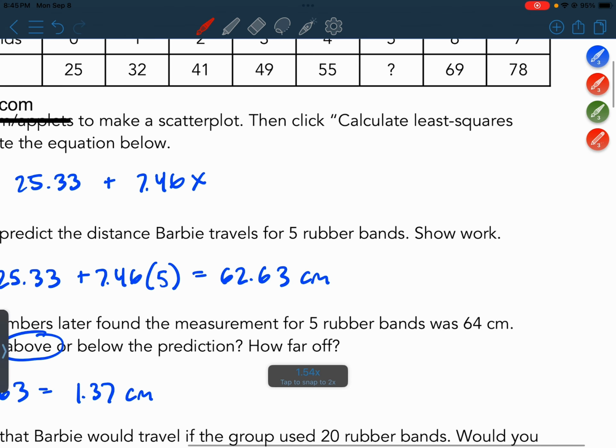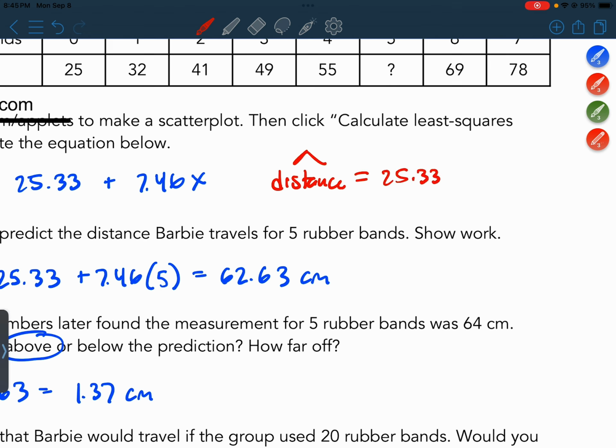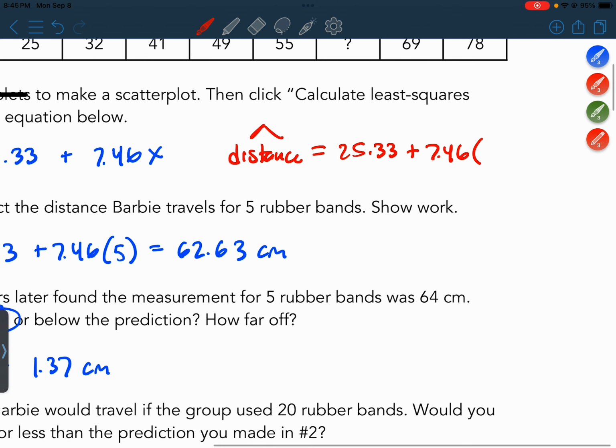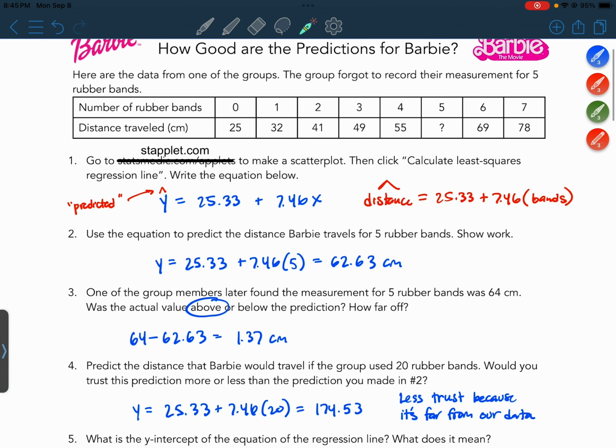And so what that would look like is predicted distance is equal to 25 and a third plus 7.46 times the number of rubber bands. Okay. So don't be afraid to forego the traditional x and y in your equation and use the contextual words instead.